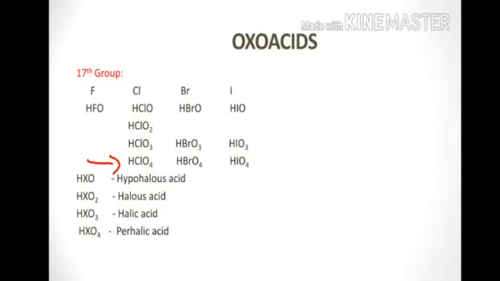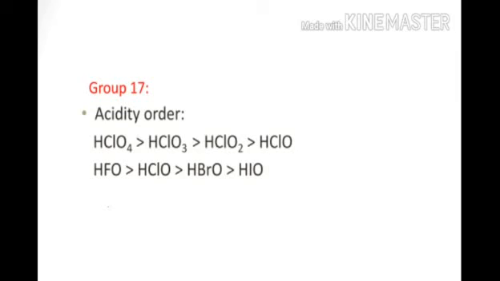Next, we can move to the relative strength of oxoacids of halogens, which is a very important topic. The acid strength of oxoacids of any halogen increases with the increase in the number of oxygen atoms attached to the central halogen atom.